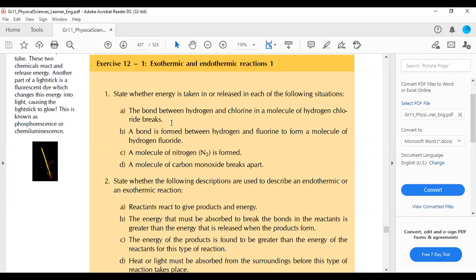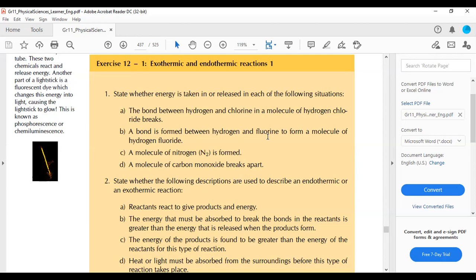We would need to take in energy in order to break the bonds. Does that make sense? The bond is formed between hydrogen and fluorine to form a molecule of hydrogen fluoride. So this is more of a releasing. Energy is being released.